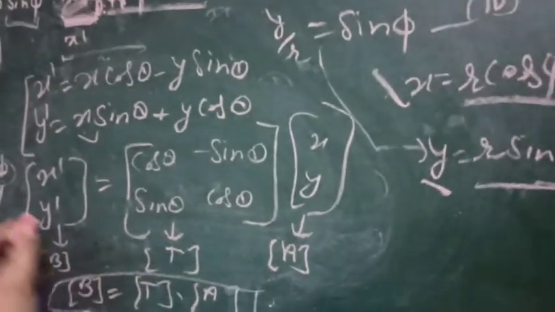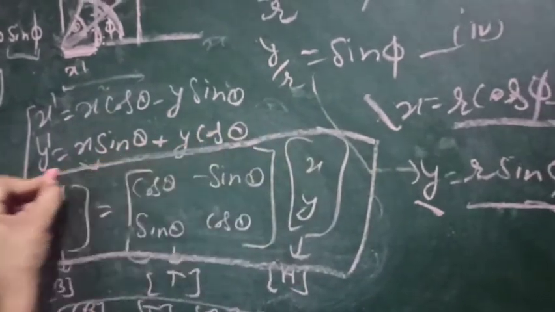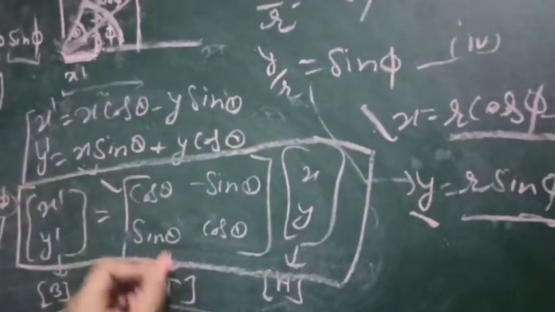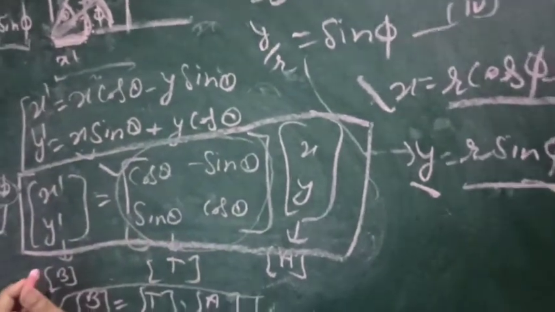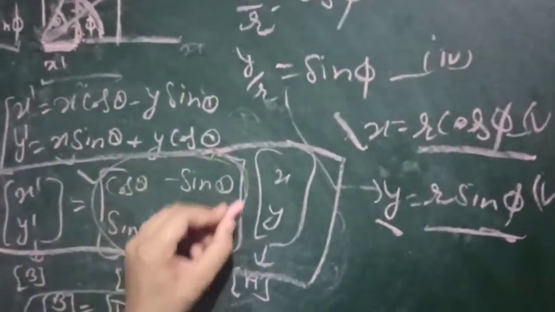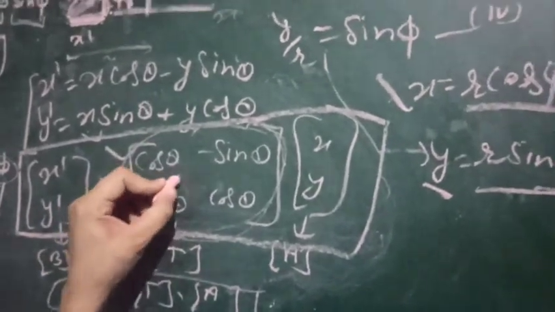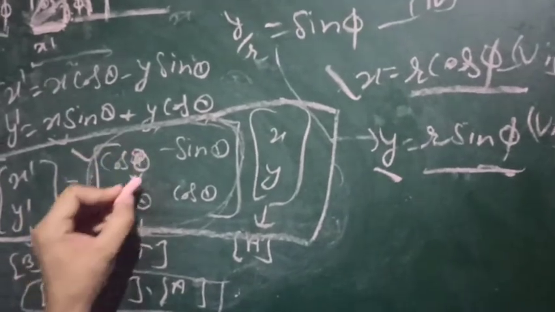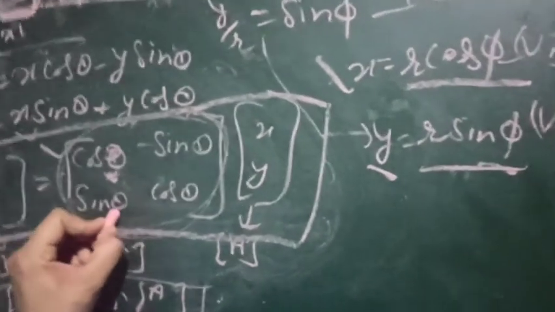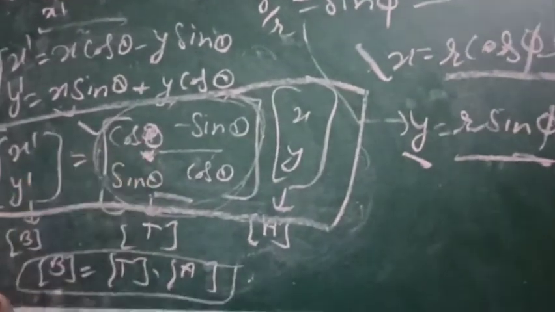So for rotation we got the standard matrix form that we will use, which is the transformation matrix for the rotation. Now by putting the value of theta, suppose theta is 90 degrees, then in place of theta we put 90 degrees and we will get the rotation matrix for the angle 90 degrees.